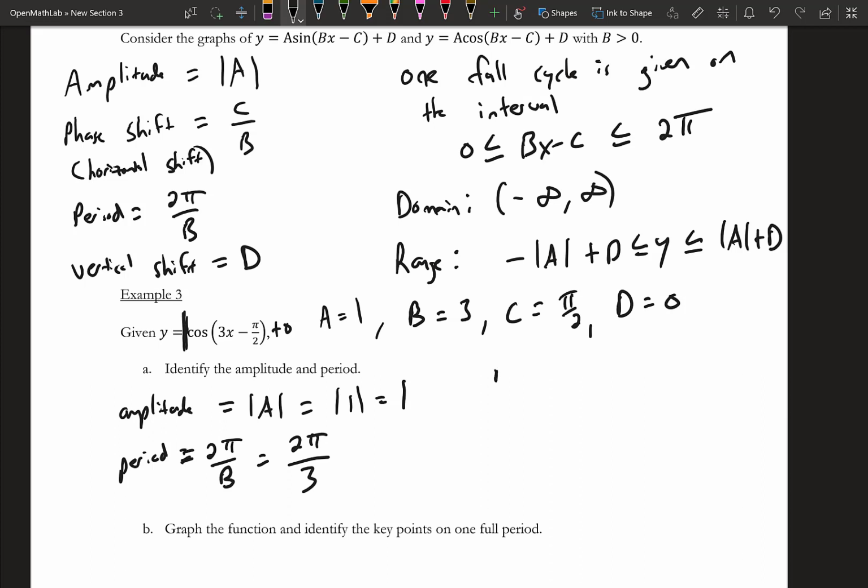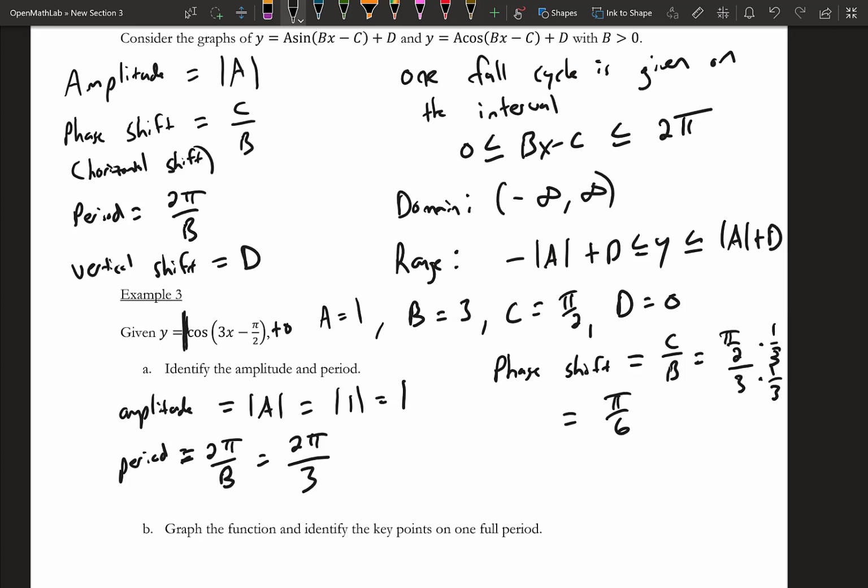The phase shift is equal to c divided by b, which would be pi over 2 divided by 3, which would be equal to pi over 6, because you could multiply top and bottom by a third. Just division of fractions, right?